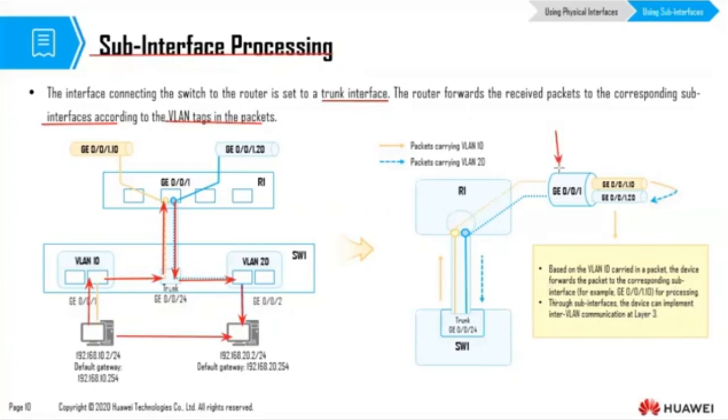So as I've said, even though it's a single physical interface, we've created some sub-interfaces. And therefore, if you have the outgoing interface as this one, then it's simply going to be sent to that one, and it's going to come back like that. So I hope you get a better picture of how the processing is done.